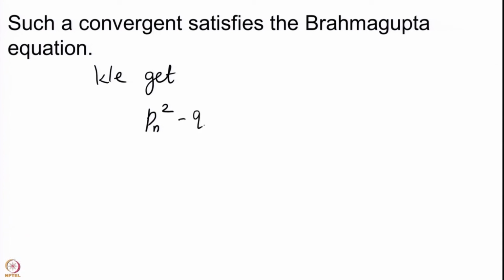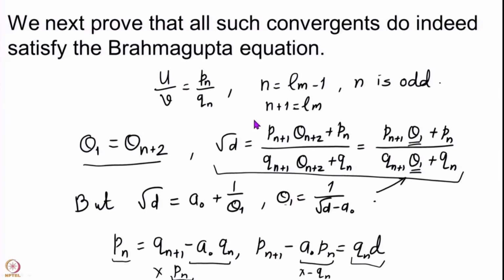So, minus Qn square d, this is we will have this Qn plus 1 Pn minus Pn plus 1 Qn.